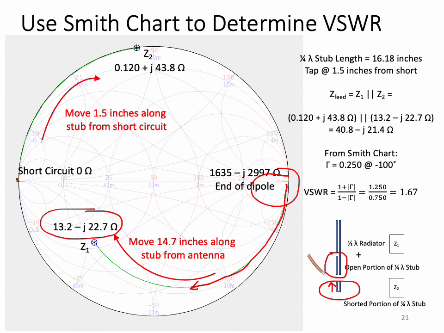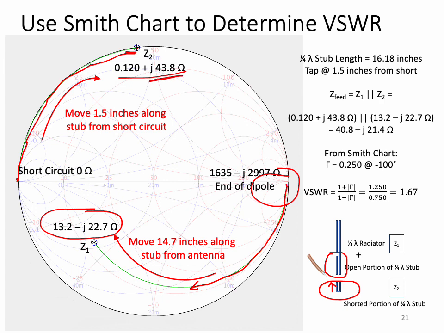So if we move 14.7 inches from the top down, and the entire radiating section is a total of 16.2 inches, the difference is 1.5 inches. So we move 1.5 inches from the bottom, and that moves that shorted section on the bottom of the stub to this impedance here, Z2, which is 0.12 plus j43.8. So this is mostly an inductor at this point. Remember we said that if you have a piece of shorted transmission line that's less than a quarter wavelength, it acts as an inductor, and here's a good example of what happens.